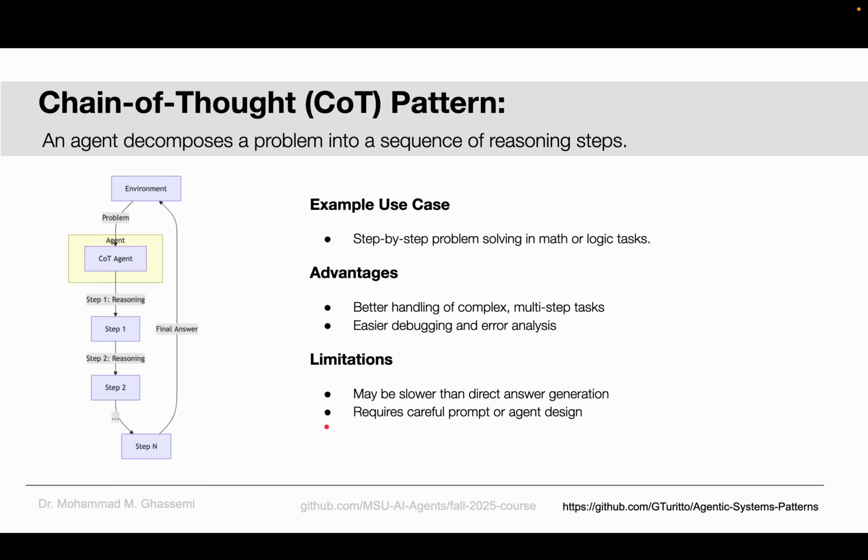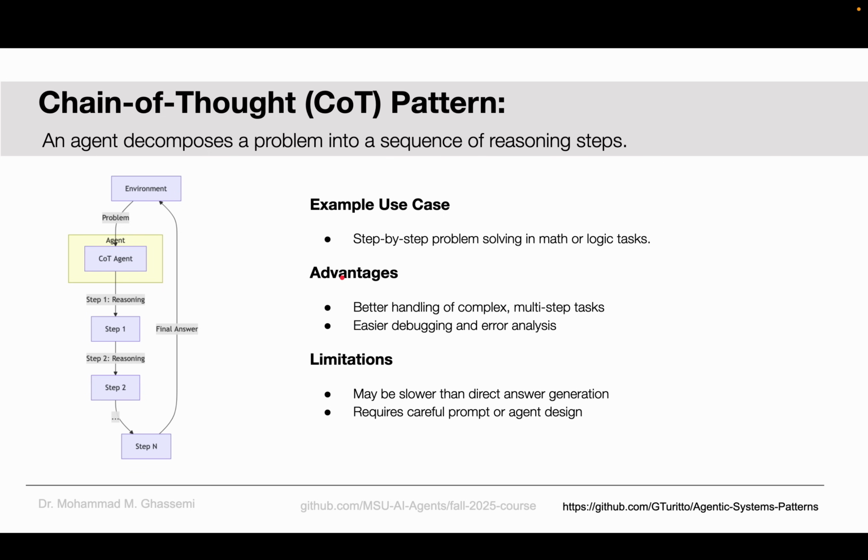What distinguishes this from the chain of thought pattern is that the agent in this case is decomposing the problem into a sequence of reasoning steps. And at each of these reasoning steps, it's making, in most instances, but not all, a call to a LLM that handles that part of the reasoning. Okay? So we'll go through an example in a minute, but at the highest level, this is useful for step-by-step problem-solving tasks, math, logic, and so on.